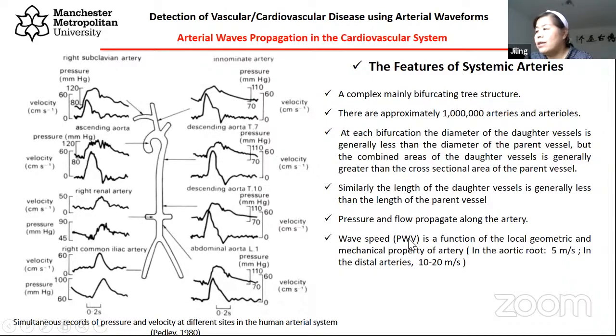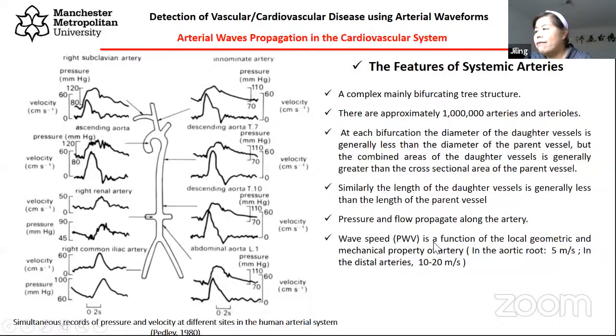With the propagation of the pressure and velocity waveform, they propagate with a certain speed. We call that wave speed, also called the pulse wave velocity, abbreviated as PWV.